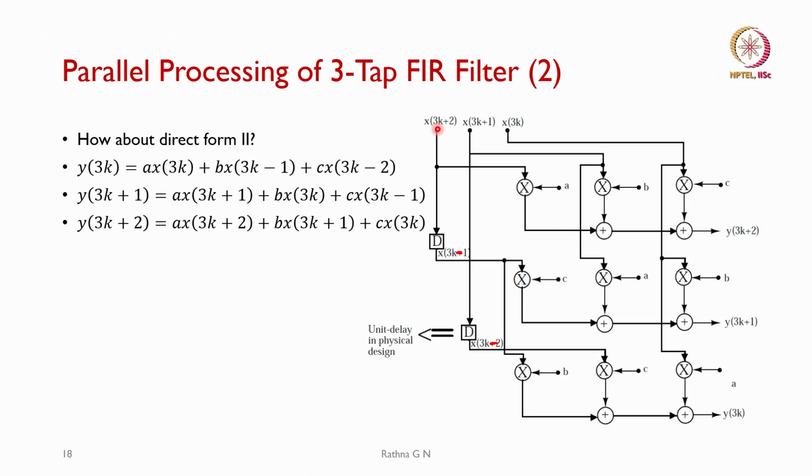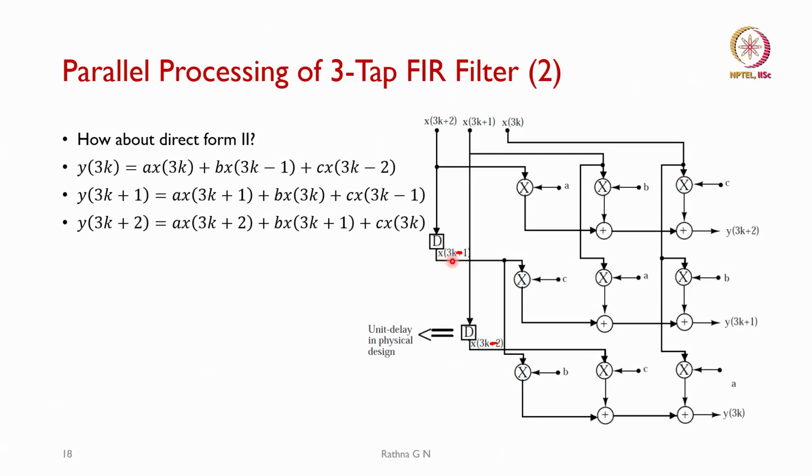So, how are we going to get that? I can take x of 3k plus 2, because when I introduce the delay line, this being a 3 parallel structure, the delay is going to be 3 units. So, this becomes x of 3k plus 2 minus 3, which is with 1 delay.